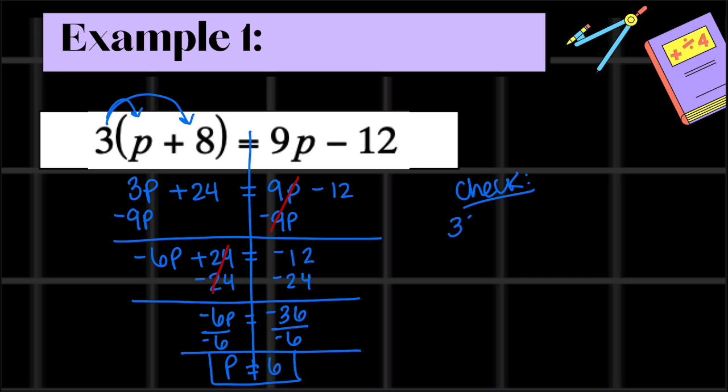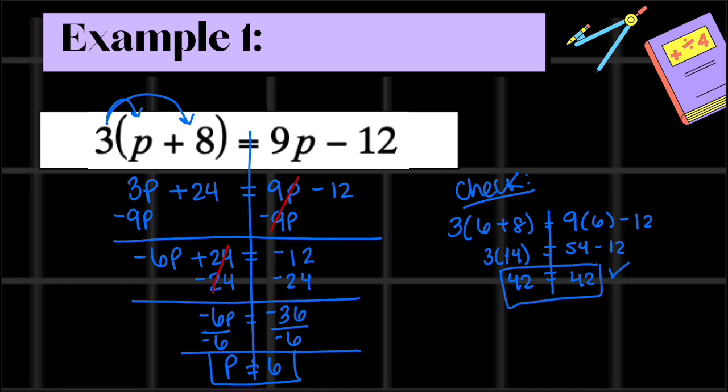So I have 3 times (6 plus 8) equals 9 times 6 minus 12. 6 plus 8 is 14, equals 9 times 6, which is 54, minus 12. So 3 times 14 is 42. 54 minus 12 is 42. So both sides equal 42. That means my answer is correct.